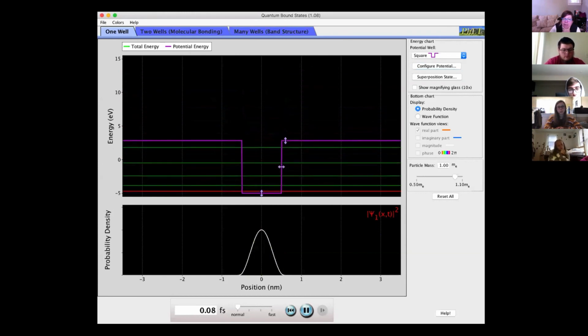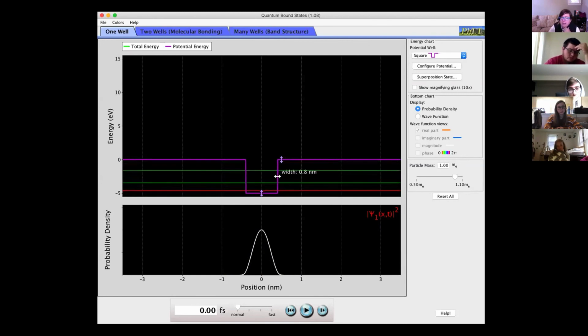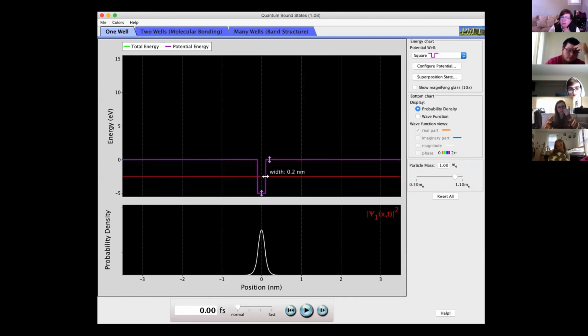I'm going to make it negative, and I'm going to pull the height down to 0 here. And I can't really make it much farther down, but I can certainly make it thin, right? Like a delta function. And notice when I make it really thin, like right now it's at 0.2 nanometers, then I only get one energy state.